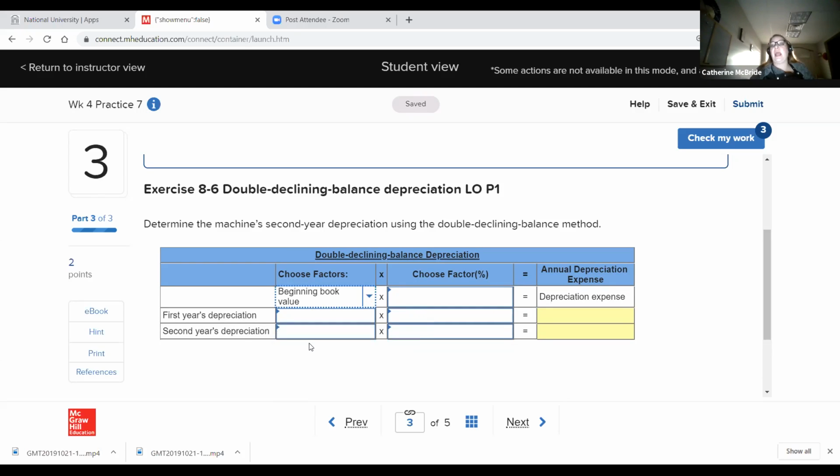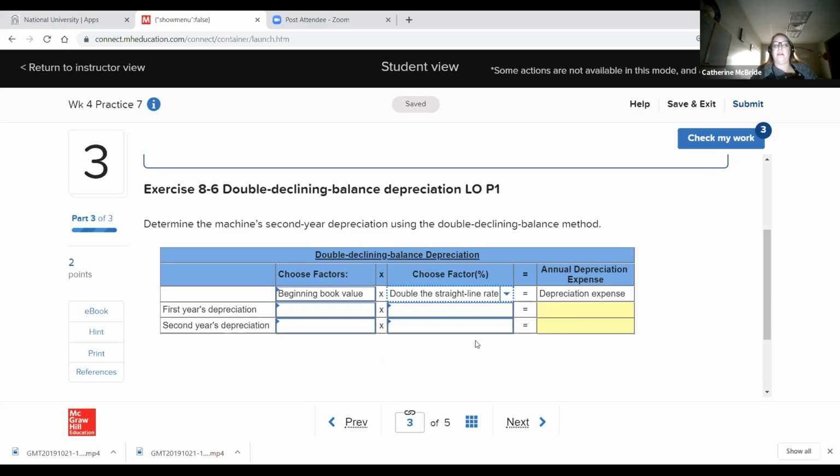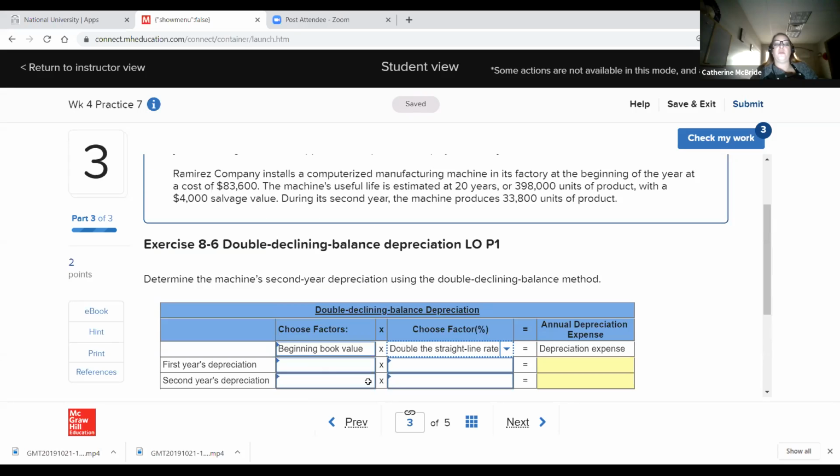Now, the first year that happens to be cost, but the formula is beginning book value times double the straight line rate. So in the first year, our beginning book value is our cost because we haven't done any depreciation. Double the straight line rate is 10%. So our depreciation expense in the first year is $8,360.